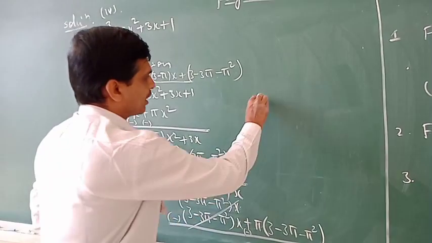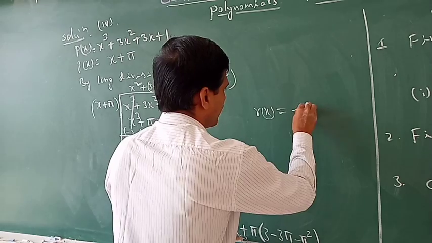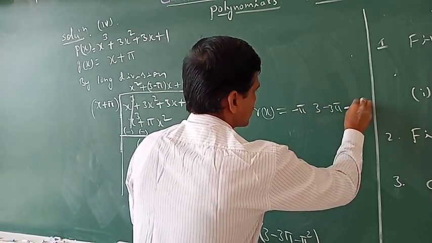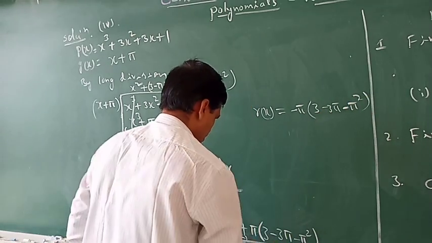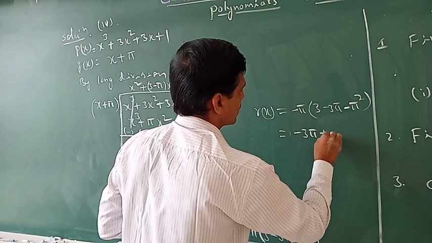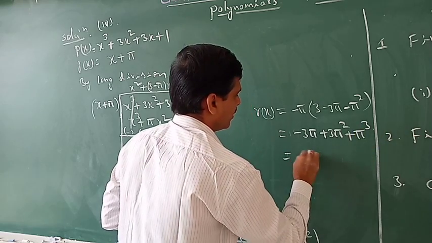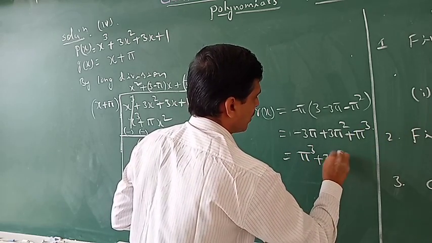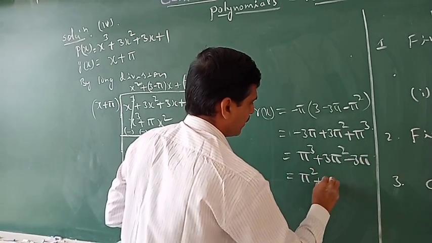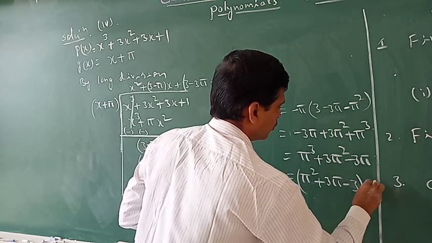So your remainder must be equal to minus 5 into 3 minus 3 into 5 minus 5 square. Simplify it and you get minus 5 minus 3 into 5 plus 3 into 5 square plus 5 cube. In standard form, it becomes 5 cube plus 3 into 5 square minus 3 into 5.